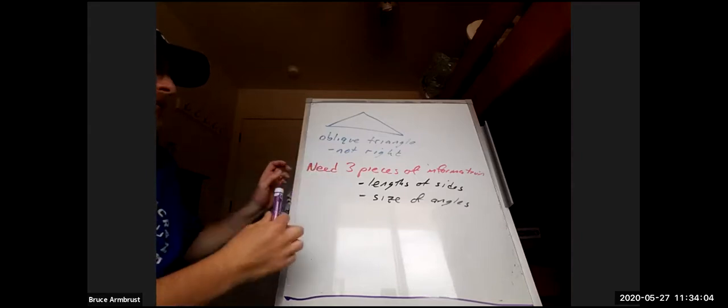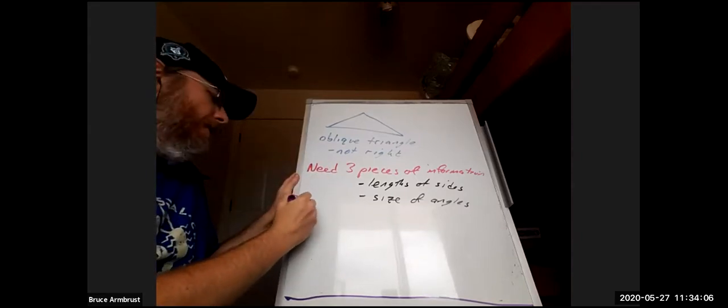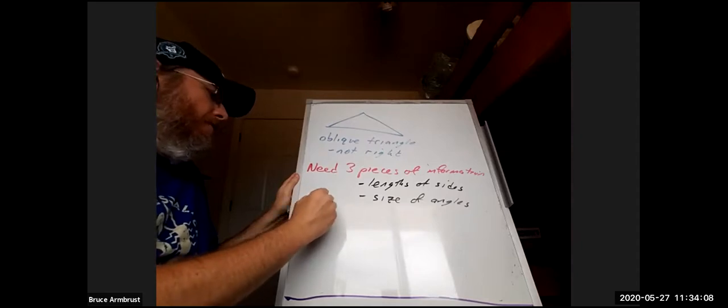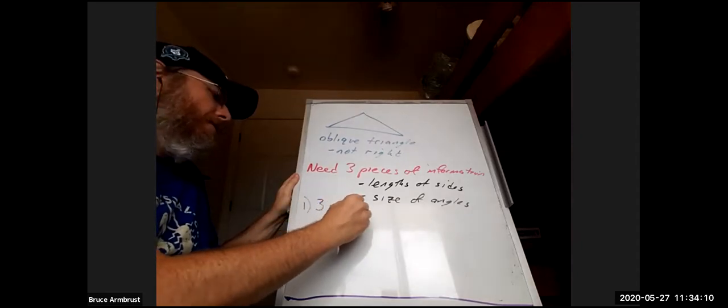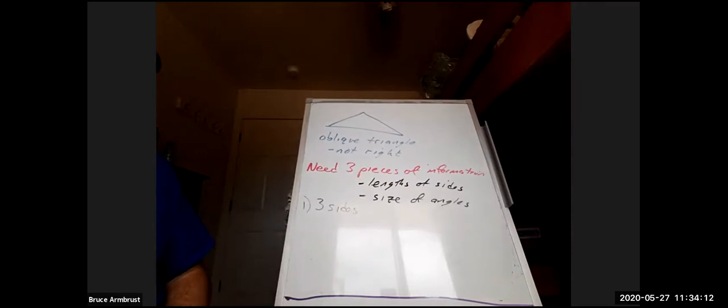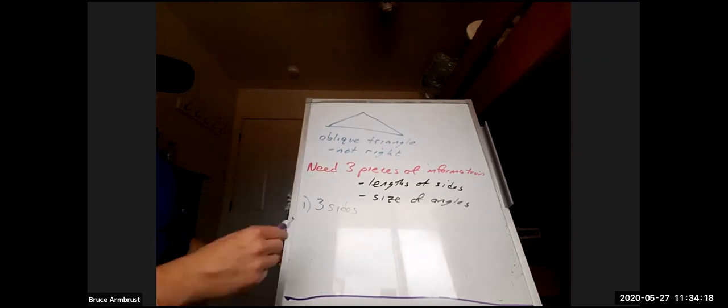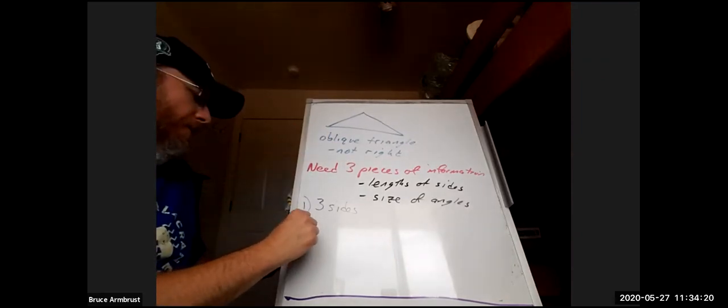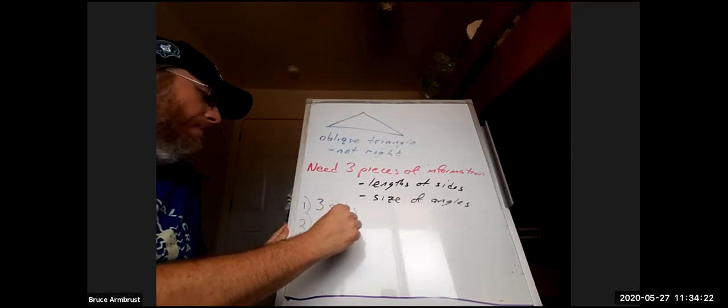Let's make the list of all the different things that we could know in terms of 3 pieces. The first possibility is that we know the 3 sides. If you give me the 3 sides, that's 3 pieces of information. You could also give me 2 sides and 1 angle.